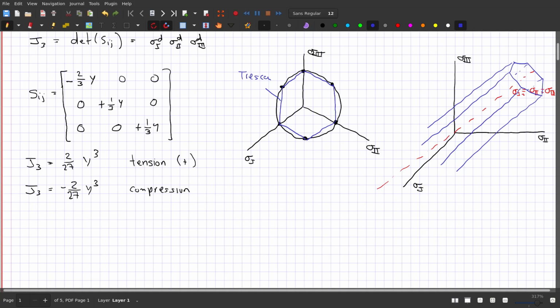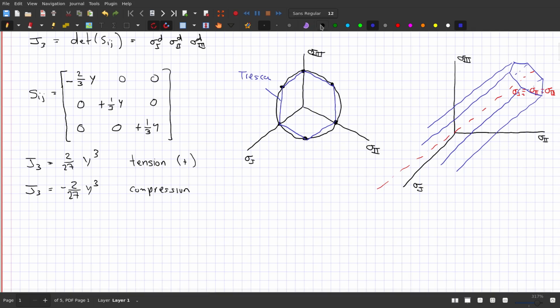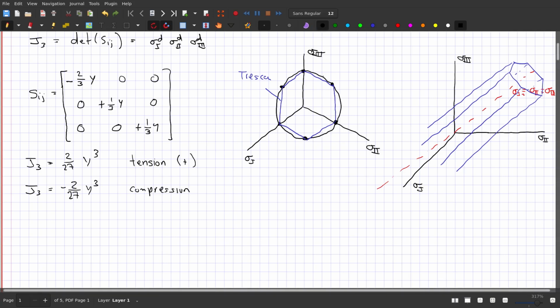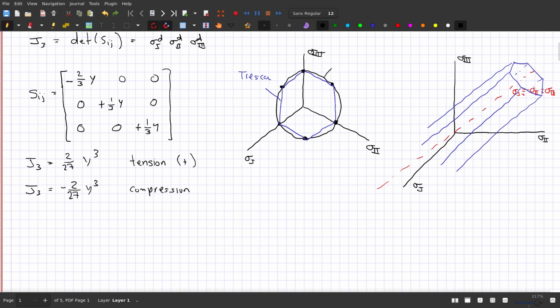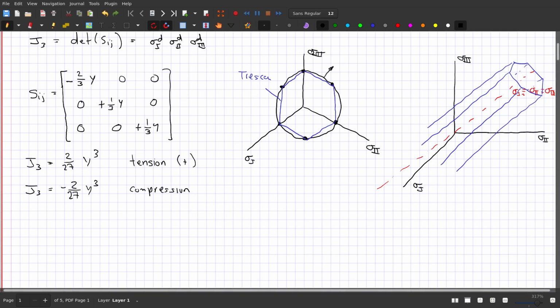One thing that you'll notice about the Tresca, obviously, is, when we talk about a flow rule, we have to use this associated flow rule that's associated with the yield surface. Or in other words, it's normal to the yield surface.